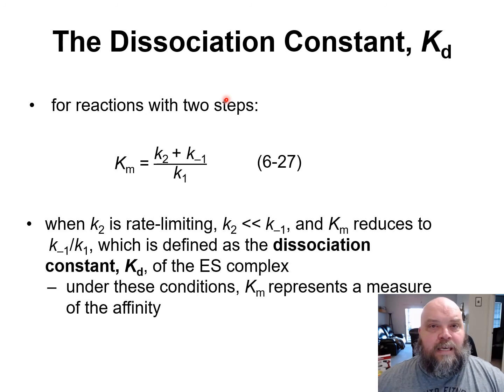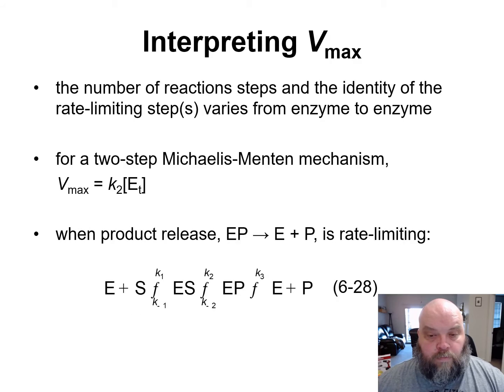We cannot have the ES or the EP intermediate so tightly bound that they're not going to release to be E plus P. So you take into account Km, K2 plus K negative 1, divided by K1. The dissociation complex of the ES is something we have to take into account. How we go about calculating that, I'm not going to worry about. Neither should you.